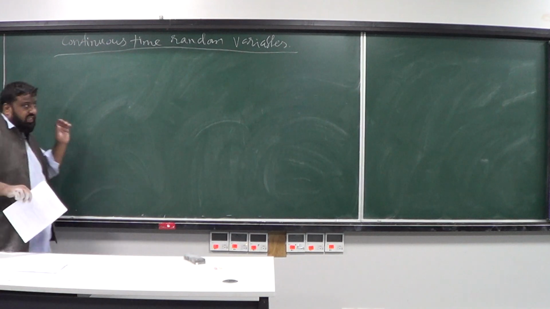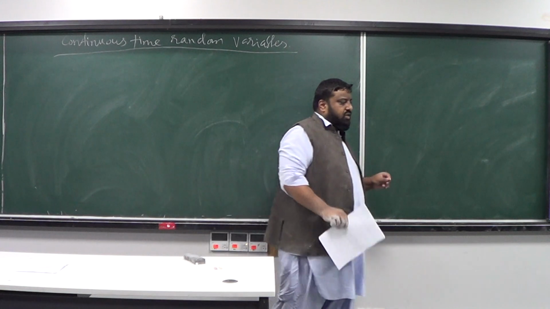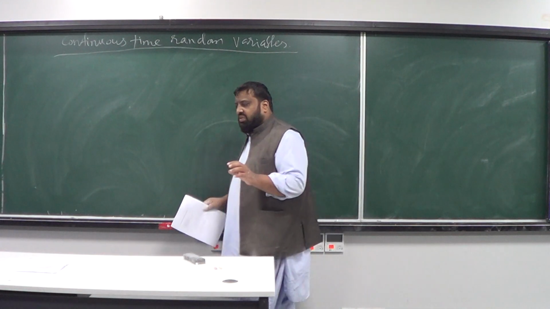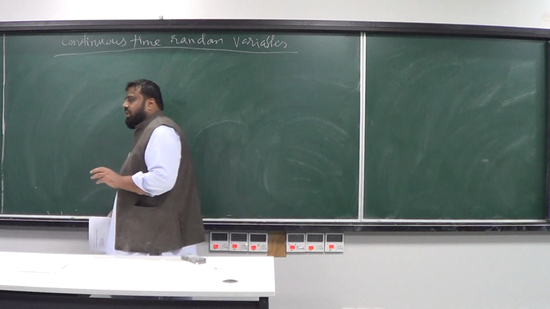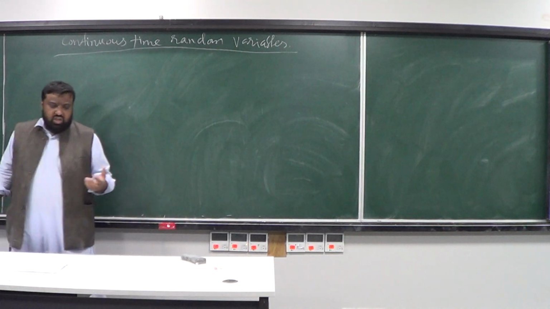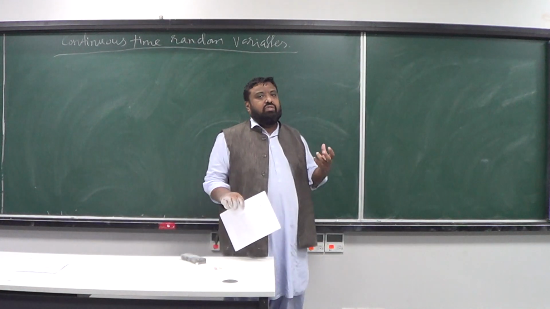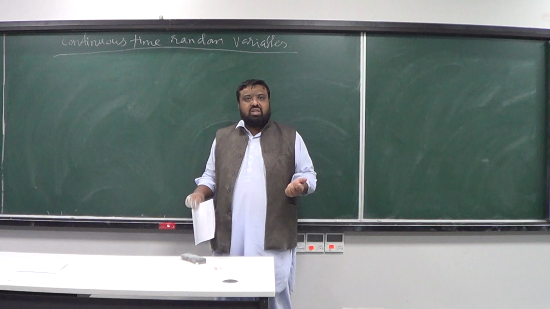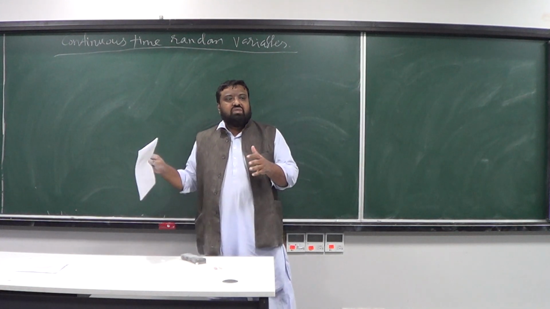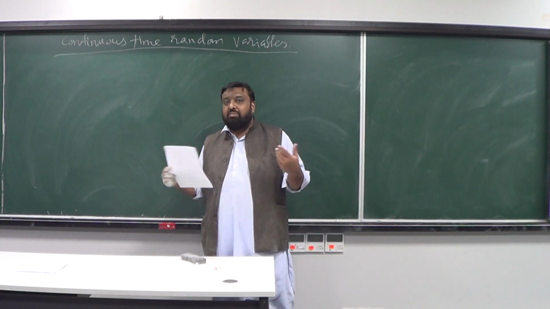So in our previous extensive study, we studied some examples. We did the theory which was more related to discrete randomness. Okay. So the randomness in which the outcomes appear as discrete objects.